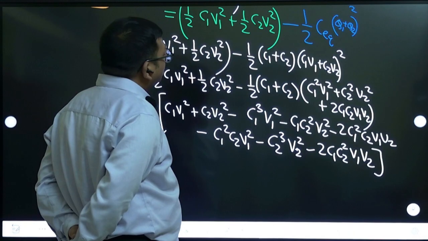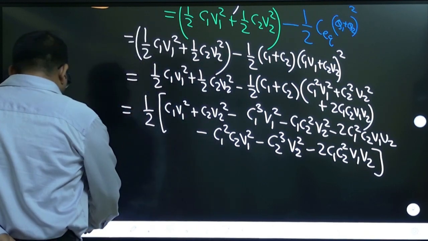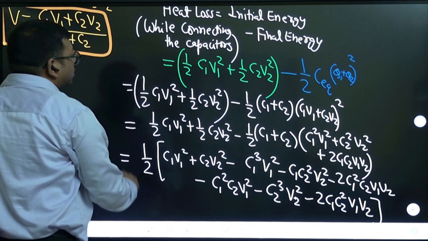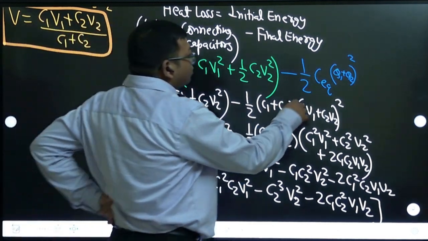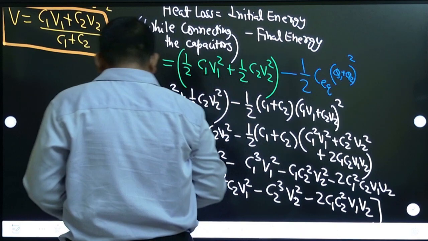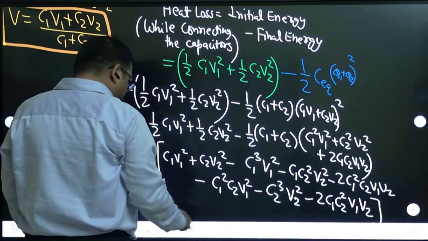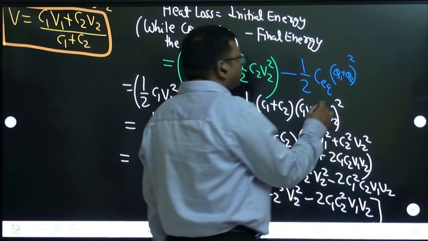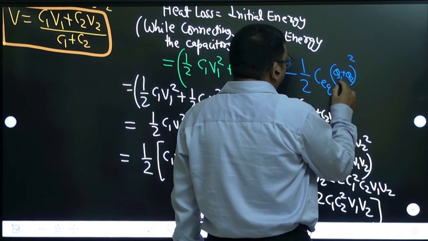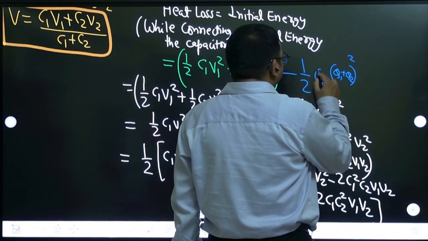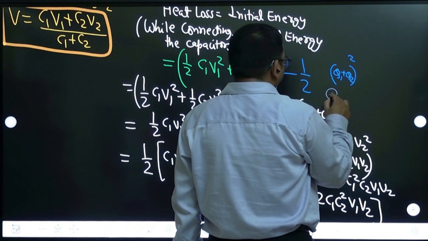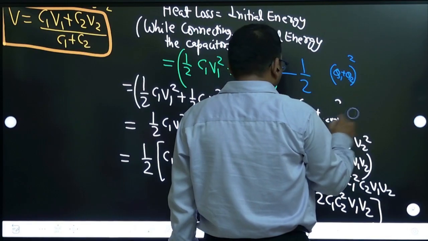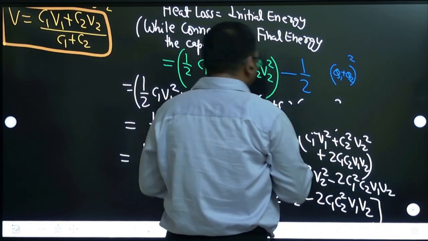I think somewhere I made a mistake. Unit wise it is not coming correct. Half C equivalent V square we have to do. Oh, half C equivalent V square I have to write now, or Q square by 2 C equivalent. C equivalent should be divided here. Oh, okay. C equivalent has to be divided here.